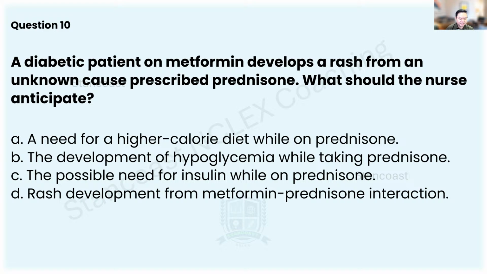Is it A, a need for a higher calorie diet when on prednisone, or B, the development of hypoglycemia while taking prednisone, C, the possible need for insulin while on prednisone, or D, rash development from metformin prednisone interaction?